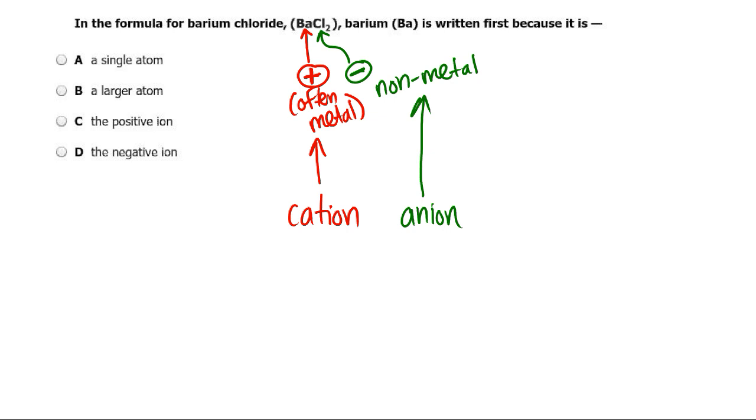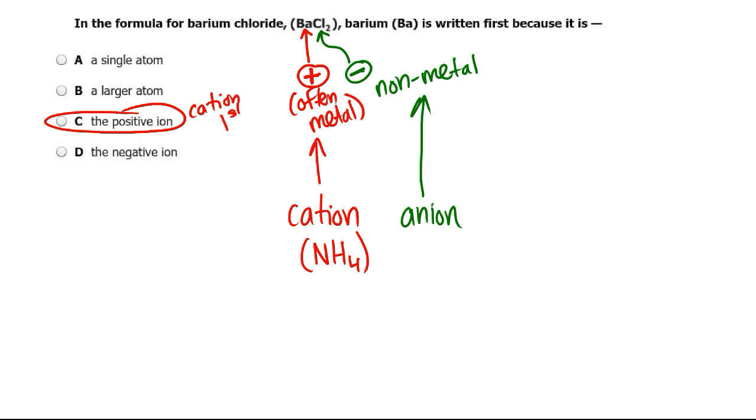So the cation is oftentimes a metal, with an exception of sometimes it being NH4, which is called ammonium, and then the anion is a nonmetal. And remember that the cation always comes first. So the only reason that barium is written first is because of the standard IUPAC convention that says for ionic compounds, the positively charged ion, the cation, is first, and then the nonmetal is second.